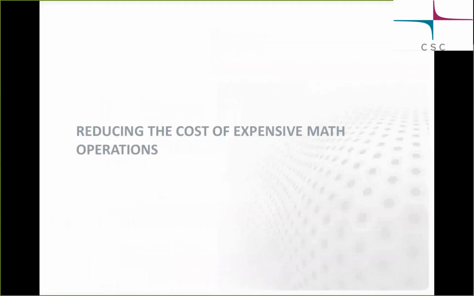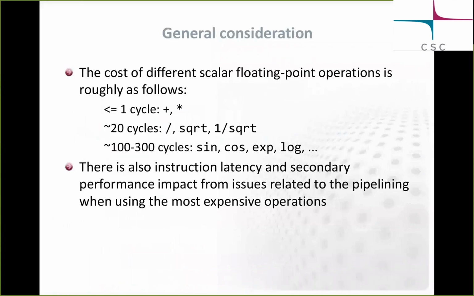The last one I want to talk about is a technique called strength reduction, and it means reducing the cost of expensive math operations. This relates to the fact that the different floating point operations are really different in terms of cost. The fastest ones are addition and multiplication. But then everything else starts to cost.